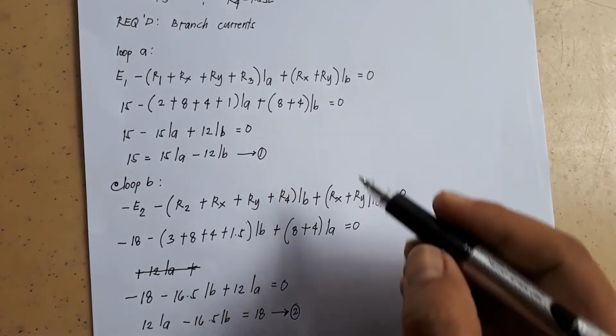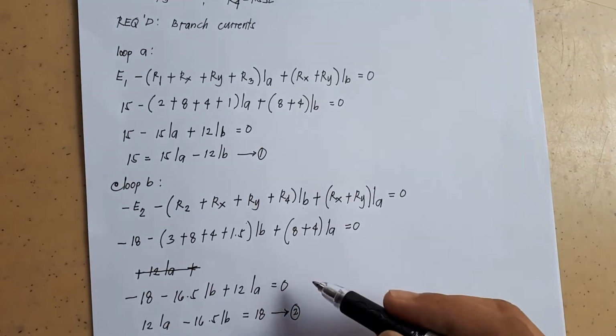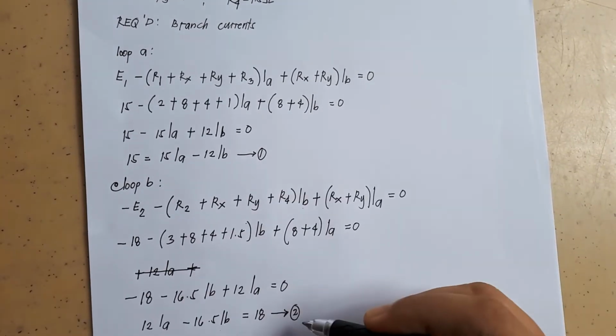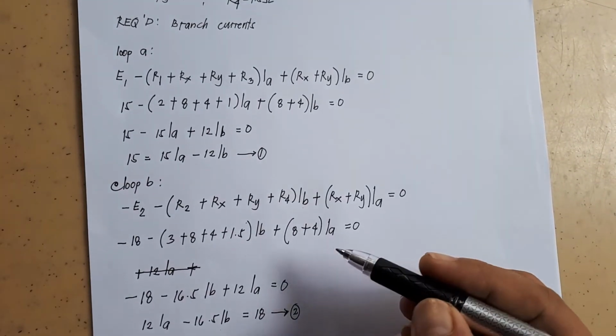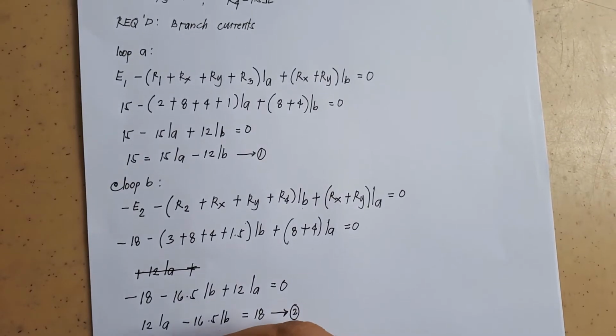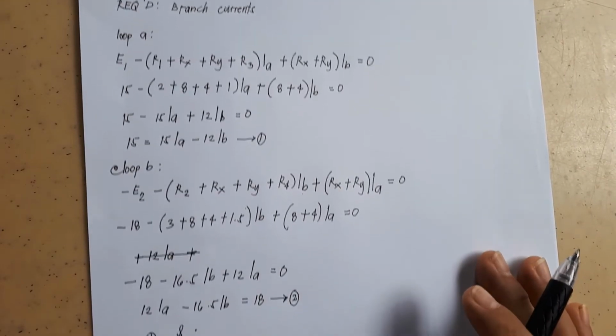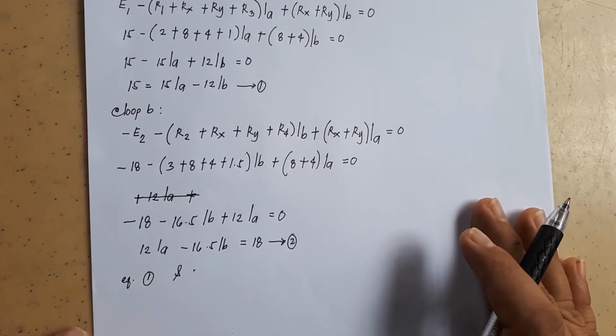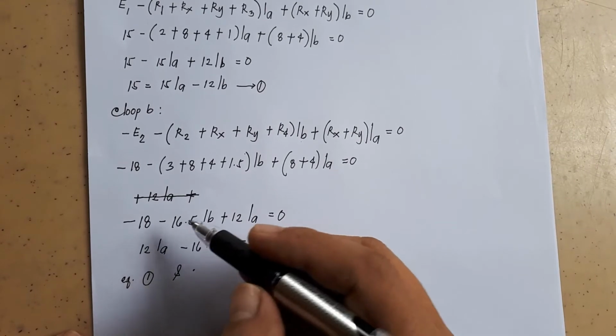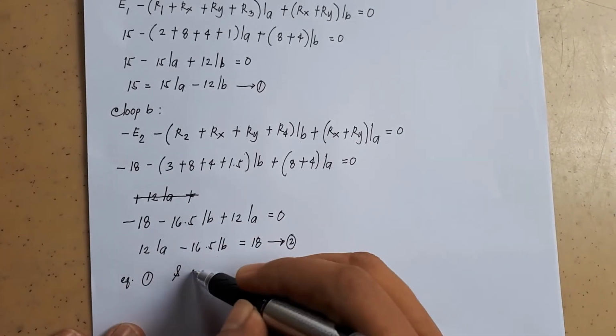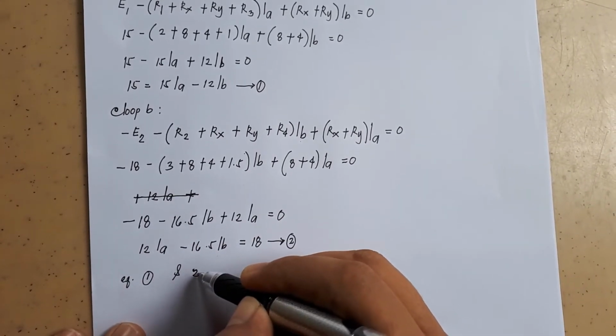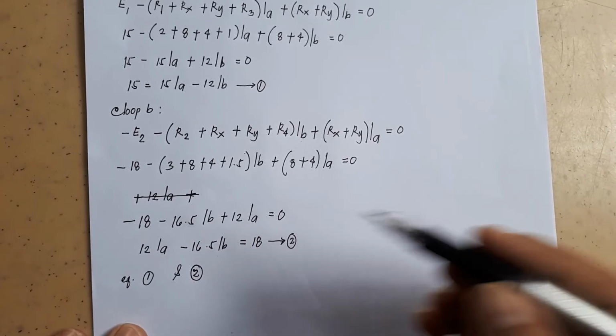Next, we already formulated two equations. That is equation number 1 and that is equation number 2. So now, we will work with equation 1 and equation number 2. What are these equations?